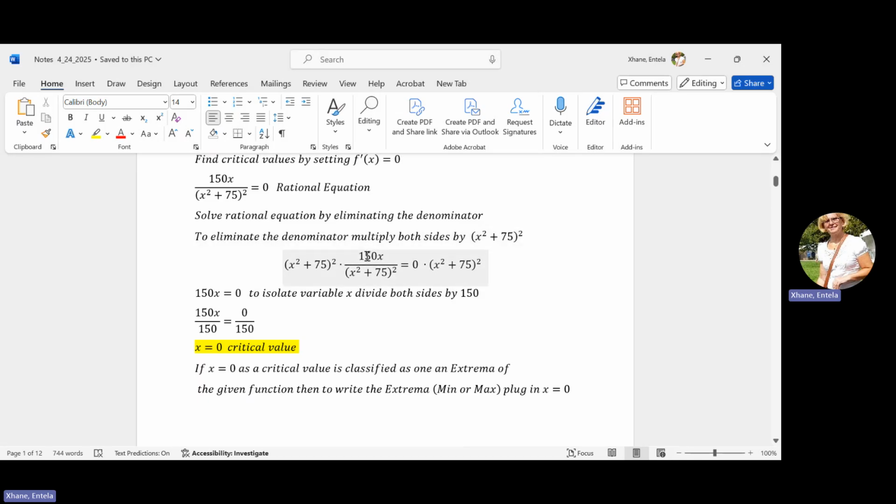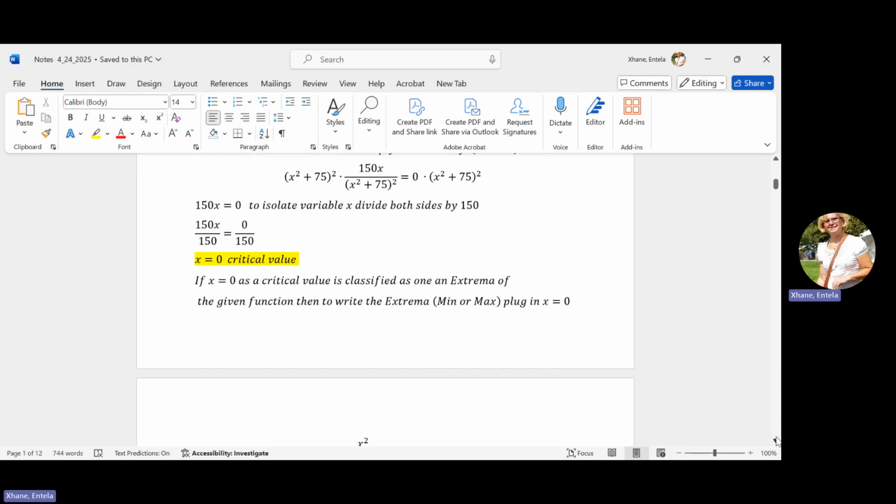You only need to focus on 150x. This is where you plug in, and that's going to determine the sign. But the critical values will be used to find the extrema, either the minimum or the maximum. And then once you find them, if there is one, you're going to substitute x equals 0 into the original function, and that's going to give you the value of either a minimum or a maximum.